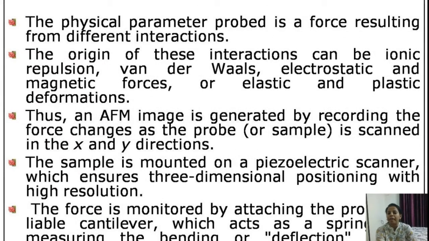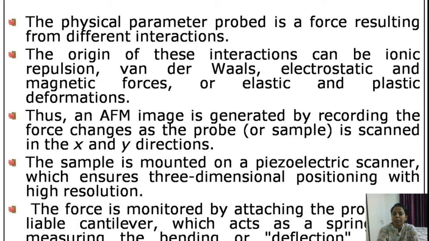Now, what are the physical parameters? If you want to know the construction of AFM, there are important parts, so let's see them one by one. The physical parameter probed is a force resulting from different interactions. The main important principle of AFM is the interaction between the tip of a cantilever beam and your sample. The origin of this interaction can be ionic repulsion between the tip and the sample, van der Waals forces, electrostatic and magnetic forces, or elastic and plastic deformation.